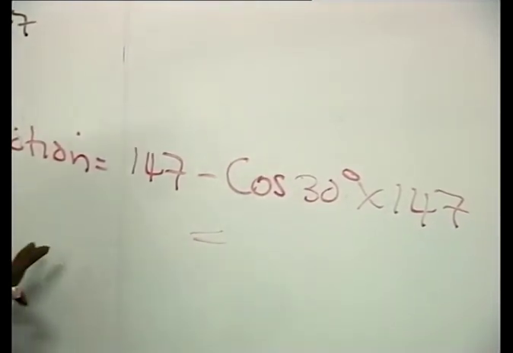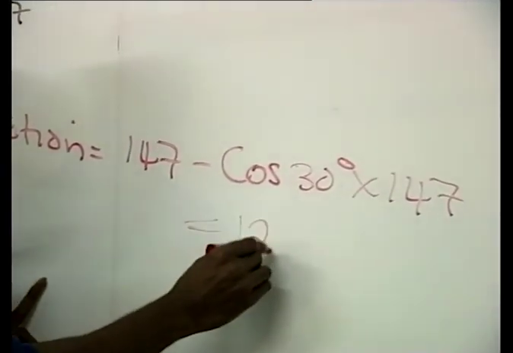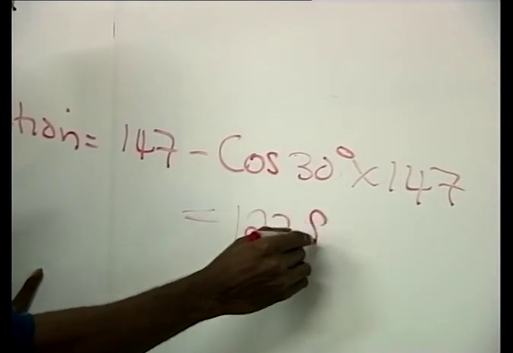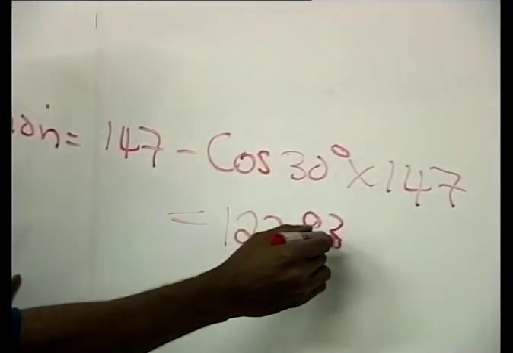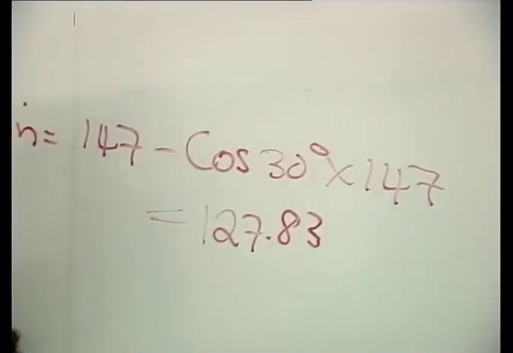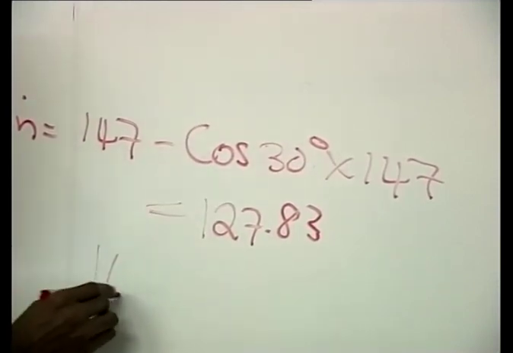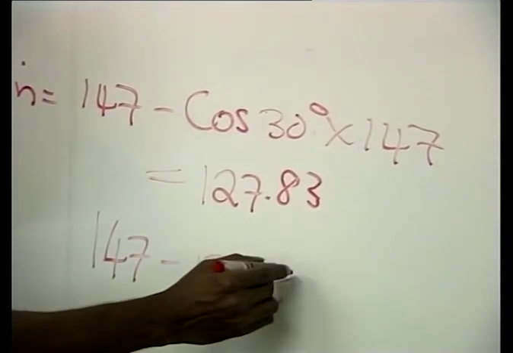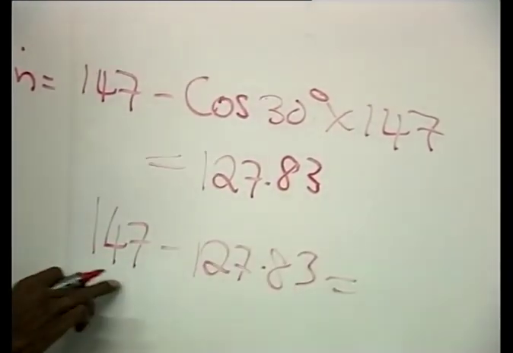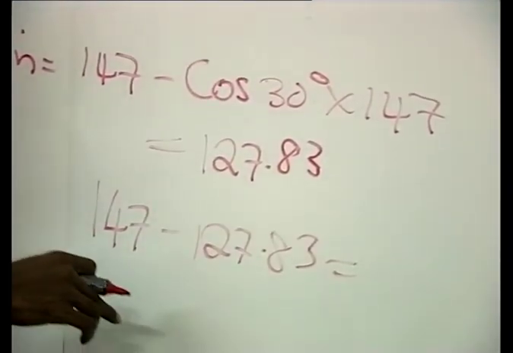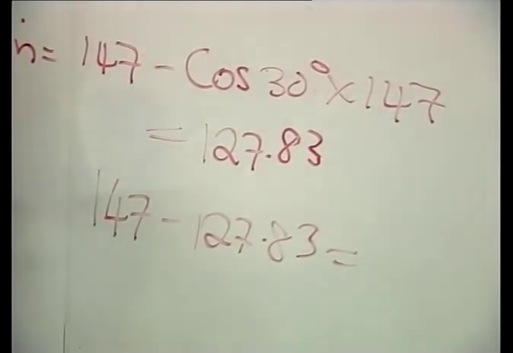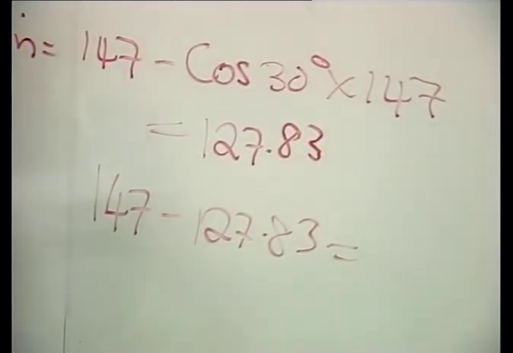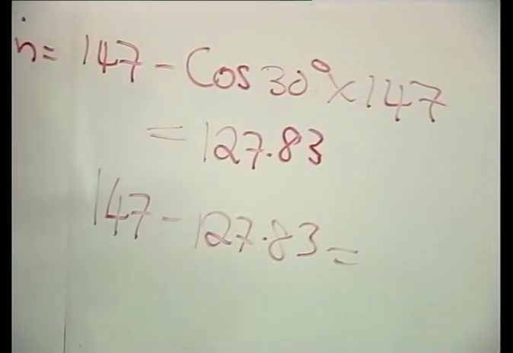127, is it? Okay, 127.83. Anyway, you have this one as 147 minus 127.83 will give you what is it?